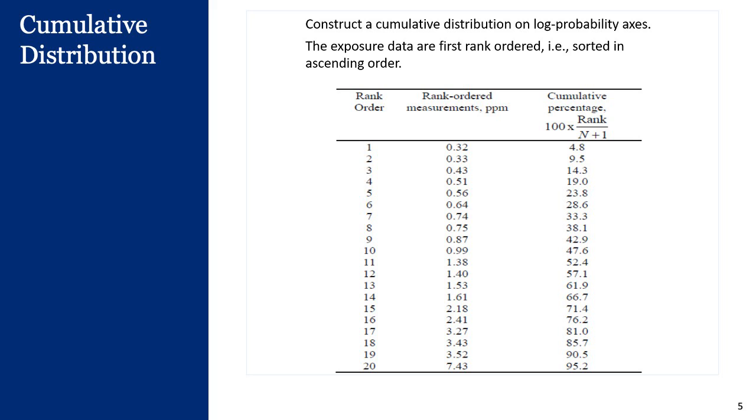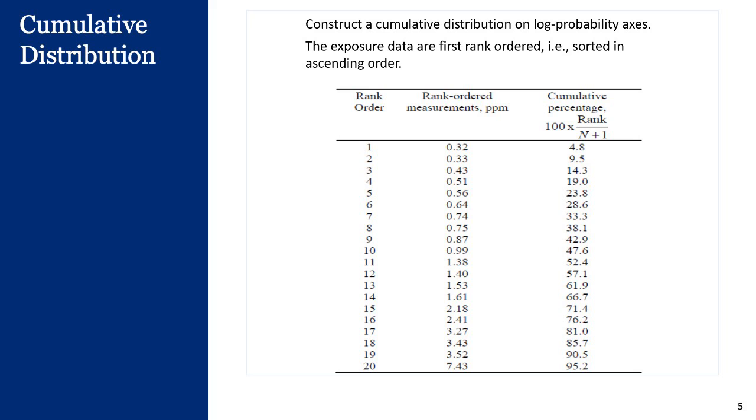So the first column is called rank order, and it ranges from 1 through 20, 1 being the lowest and 20 being the highest rank order. The second column, rank ordered measurements in units of parts per million. So the smallest value in my 20 data points is 0.32. The next highest is 0.33, all the way up to the highest measurement of 7.43, which has a rank order of 20.